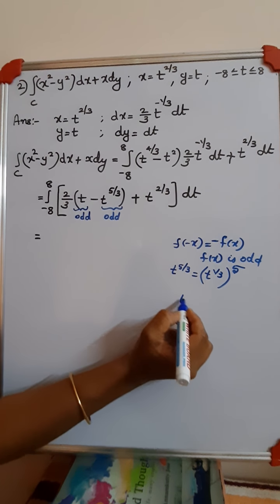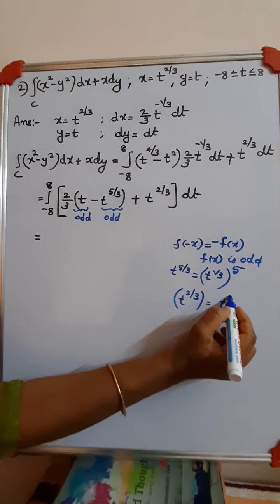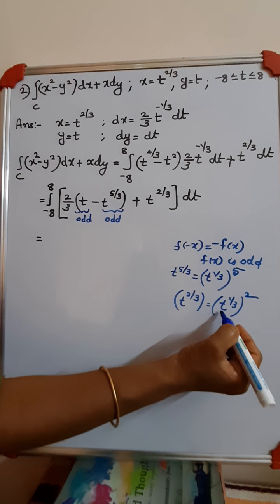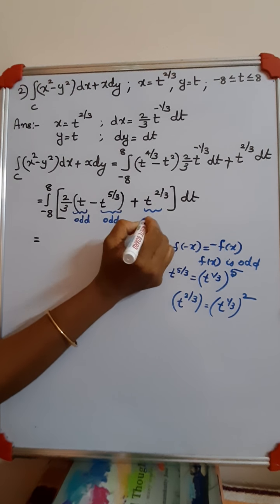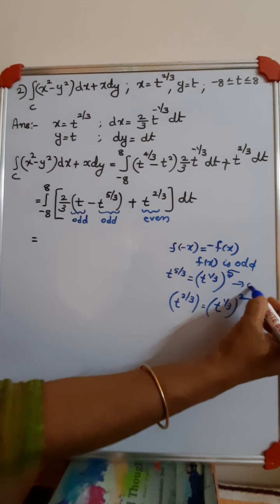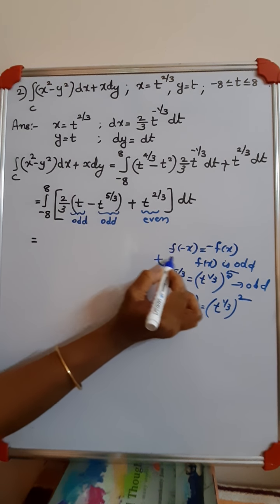What is t raised to 2 by 3? That is t raised to 1 by 3 the whole square. So a variable with the even power becomes an even function. This function becomes even. Okay, so this is odd. Then first term, t is also odd.